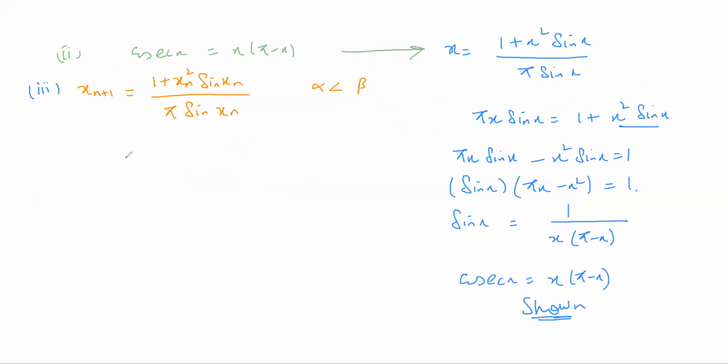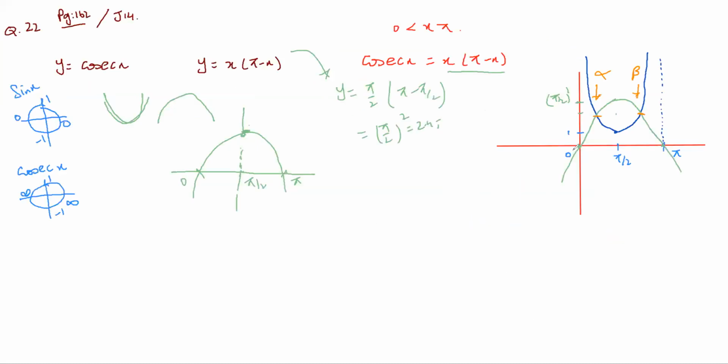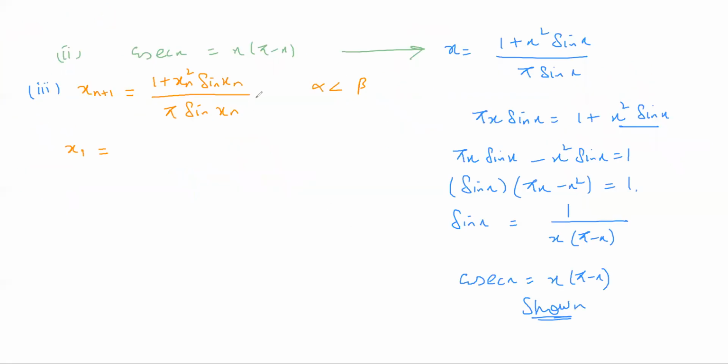So there has to be an initial value that works as x1. Now you see that this is between 0 and pi by 2. But if I take 0 here, everything is going to be 0.